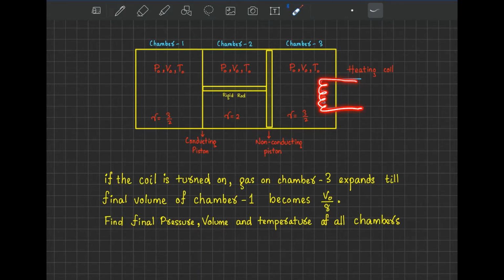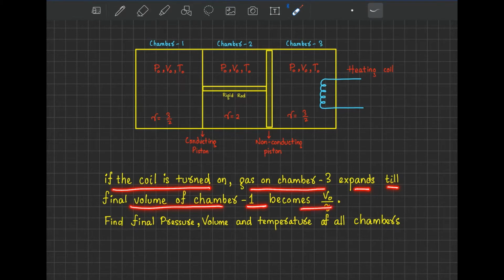So by this coil we can heat the gas. The question says, if this coil is turned on, meaning if we heat the gas here, then at the final state, meaning at equilibrium, the volume of chamber 1, which is initially V0, comes down to V0 by 8. So if the coil is turned on, the gas in chamber 3 expands till the final volume of chamber 1 becomes V0 by 8.